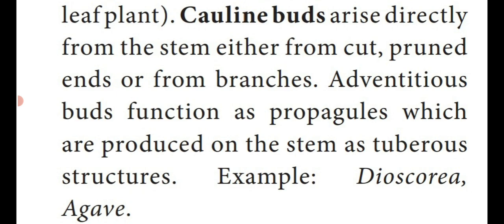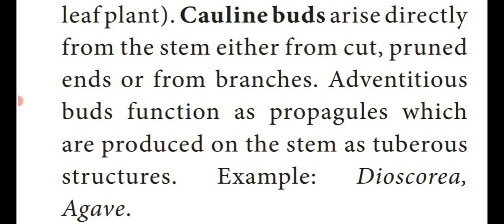If you cut the branch of a tree, in that cut portion itself buds are produced. A pruned end is the end of a branch. These buds are known as cauline buds.